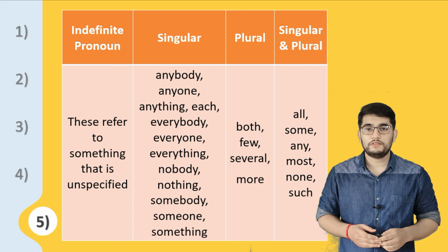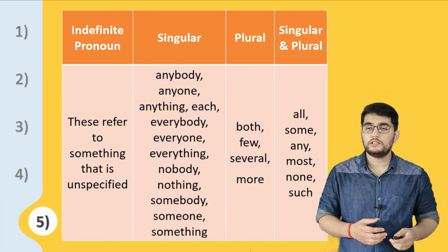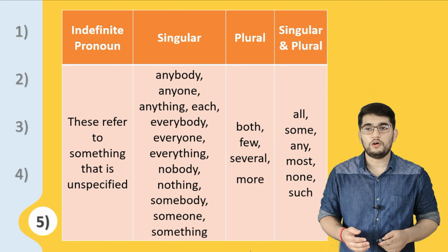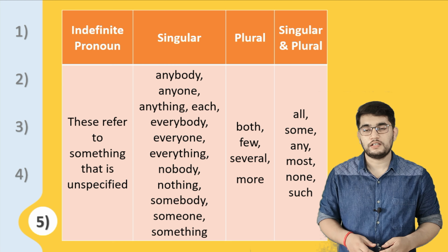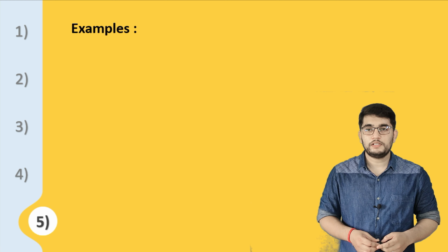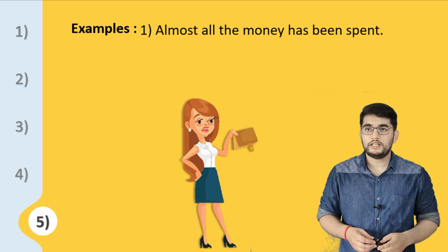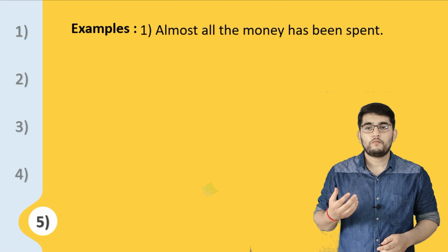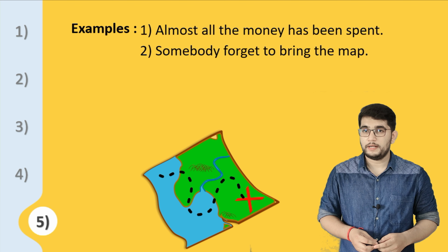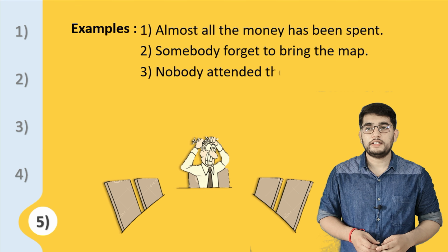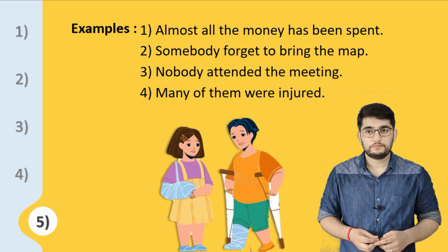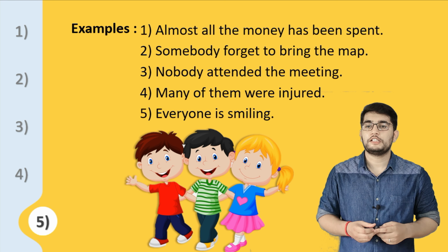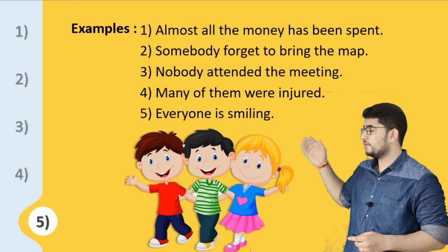Now some of the words which are being used as a singular as well as plural are all, some, any, most, none and such. Now examples: almost all the money has been spent, somebody forgot to bring the map, nobody attended the meeting, many of them were injured, everyone is smiling. These all are the examples of the indefinite pronoun.